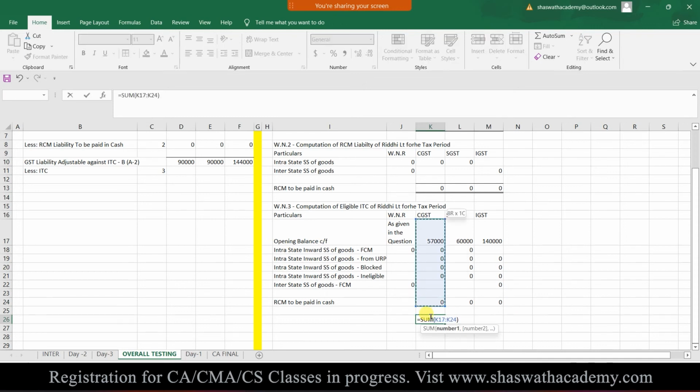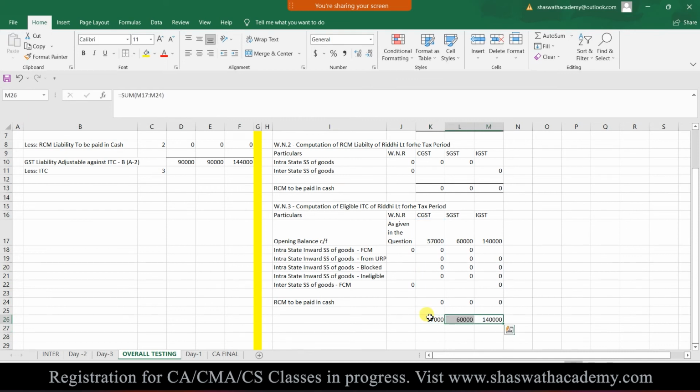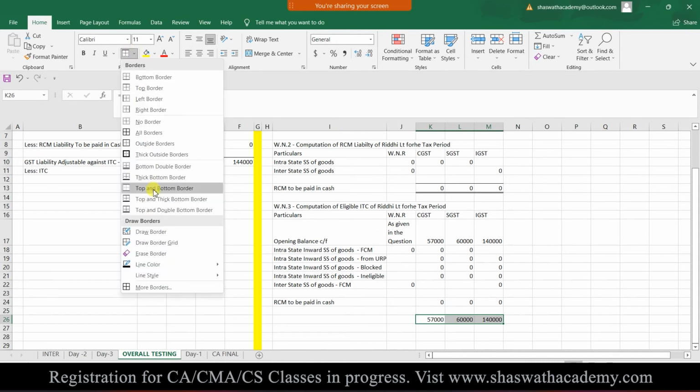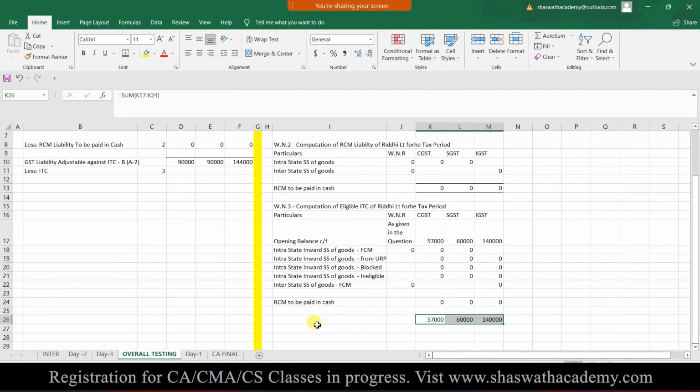You will arrive at this eligible credit for the tax period, and after that only you have to work around. Everybody, are you with me, comfortable? And this is how you are expected to do the working, and this is called ITC available. ITC available for adjustment. Leave the spelling. Look at the concept: available for adjustment.